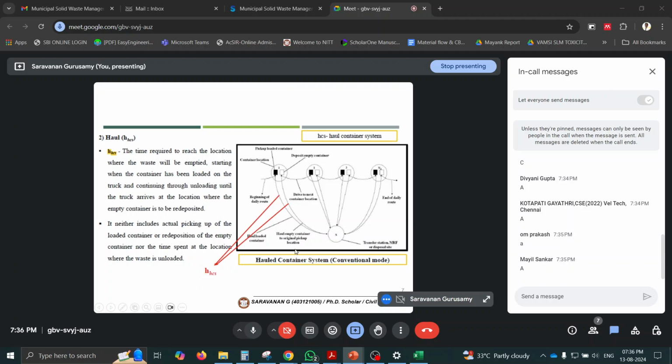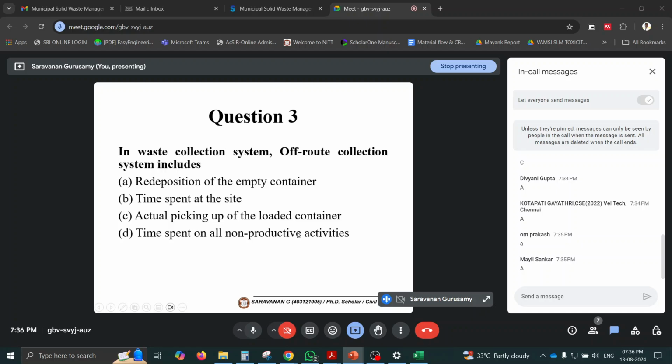Okay. The third question is: in waste collection system, the off-route collection system includes what? Redeposition of empty container, time spent at the site, actual picking up of the loaded container, or time spent on all non-productive activities.